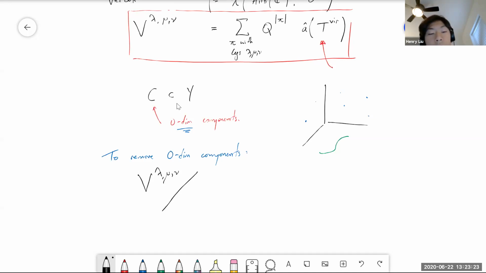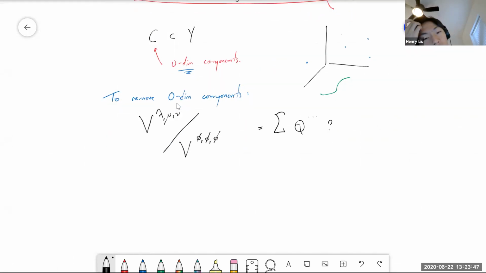And if you think about it, purely zero-dimensional curves are essentially the ones whose legs are empty, where you take V_{∅∅∅}. And this will result in some theory in Q.